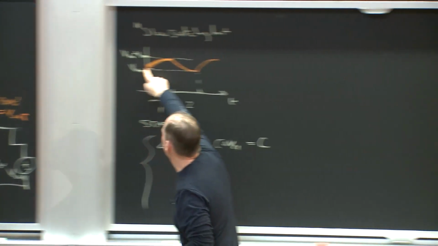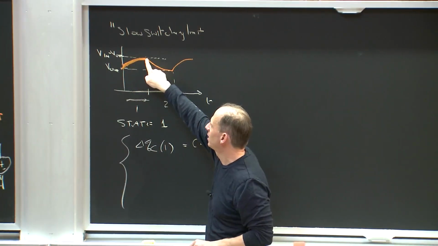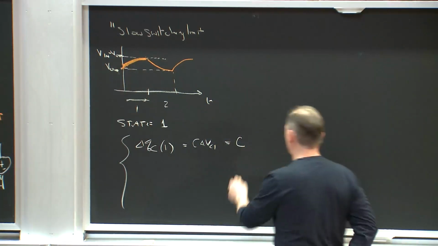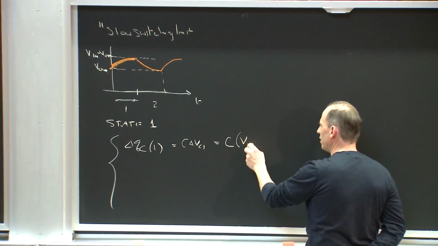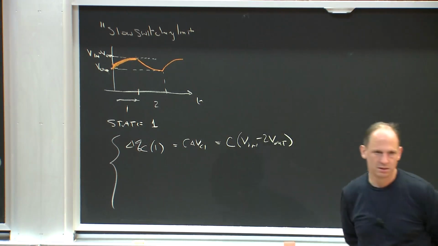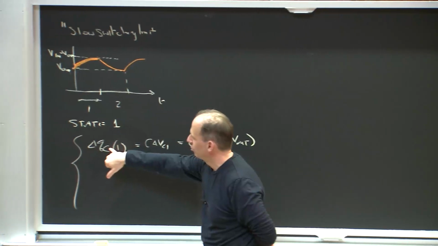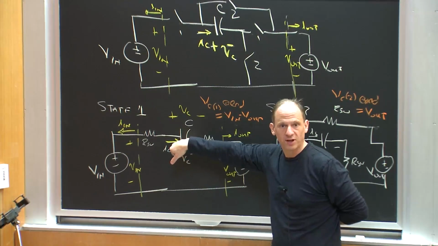It's starting at V out and going up to V in minus V out, so it's C times V in minus 2V out. That's how much charge gets put onto this capacitor during state 1 in periodic steady state.